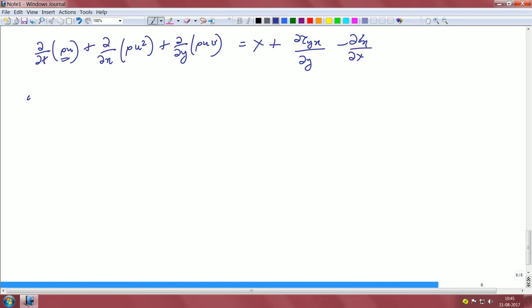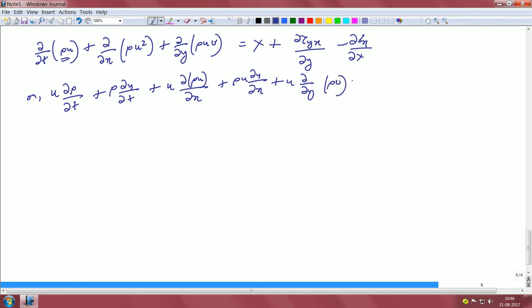What you will get is u d rho dt plus rho du dt plus u d rho u dx plus rho u du dx, plus, it is a long expression basically, rho v du dy is equal to Fx plus d tau y x by dy minus d sigma x by dx.